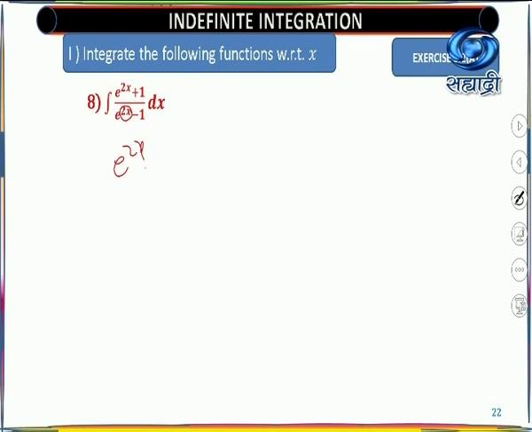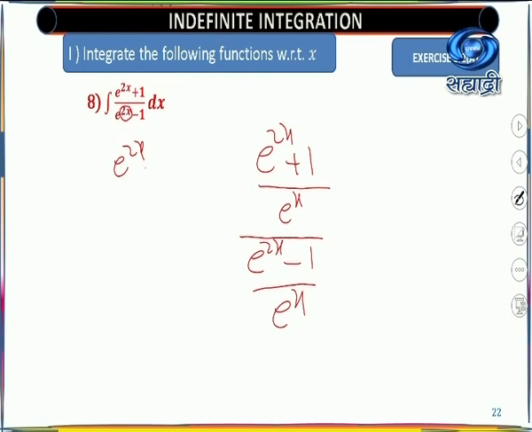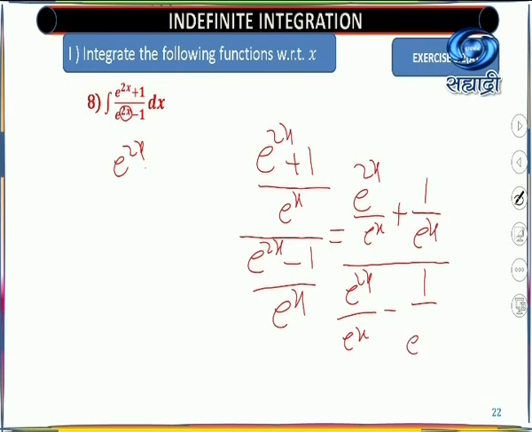By what? You have to divide numerator and denominator both by e raised to x. So e raised to 2x plus 1 upon e raised to x, we'll divide by e raised to x in the numerator and the denominator, so that we get e raised to 2x minus 1 upon e raised to x. Now separate: you will get e raised to 2x upon e raised to x plus 1 upon e raised to x, divided by e raised to 2x upon e raised to x minus 1 upon e raised to x.